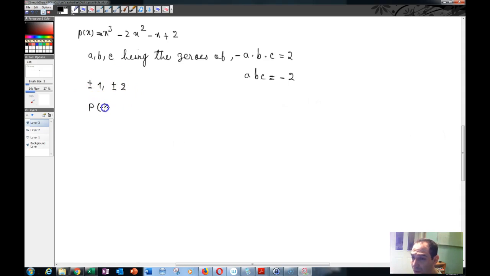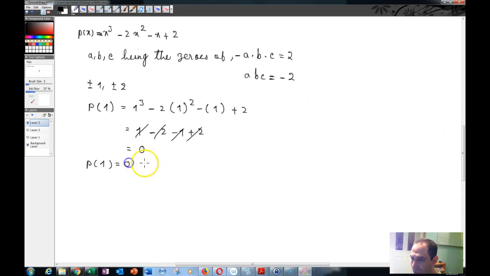So, for example, P of 1 is equal to 1 cubed minus 2 times 1 squared minus 1 plus 2, and that's equal to 1 minus 2 minus 1 plus 2, and these will cancel out, and that's equal to 0. So P of 1 is equal to 0, that means that 1 is a 0 of P of X.